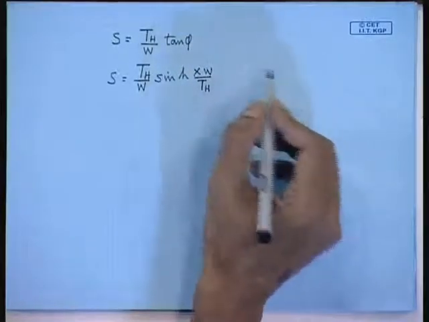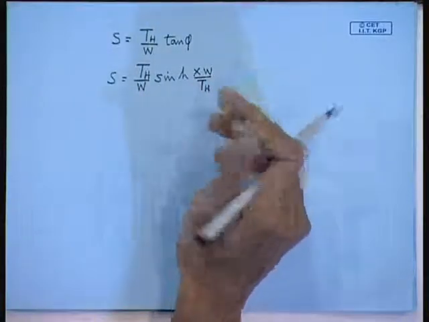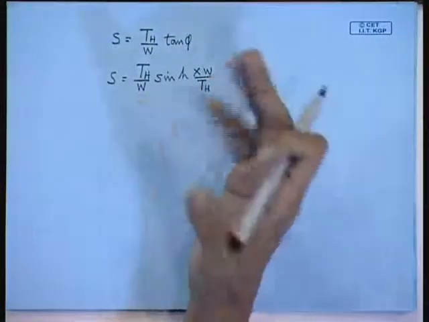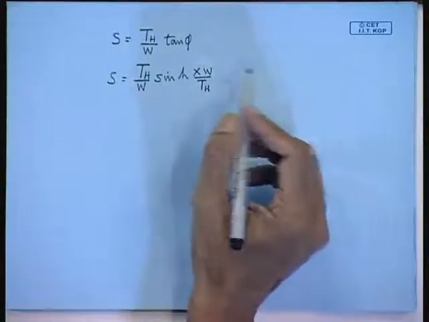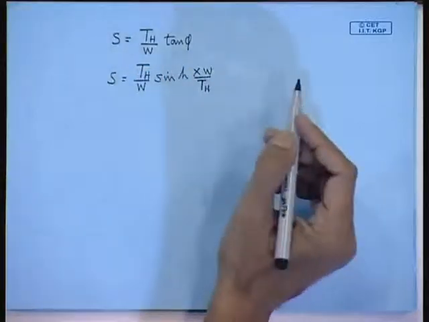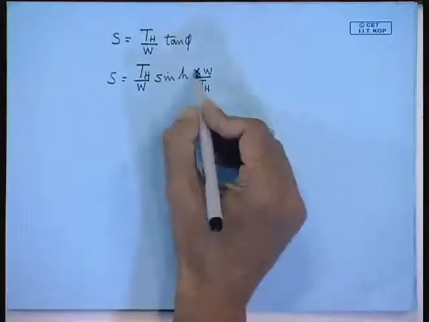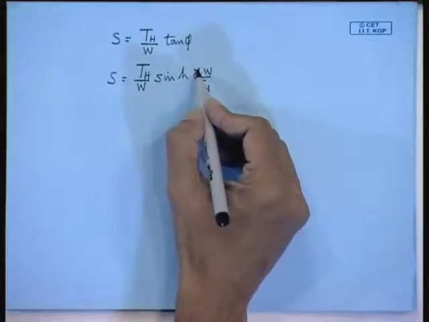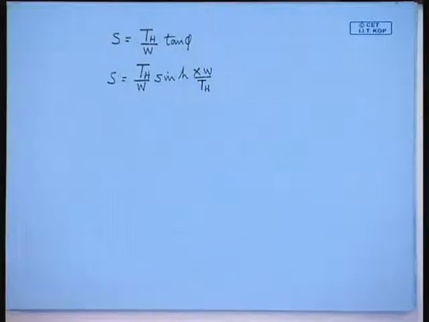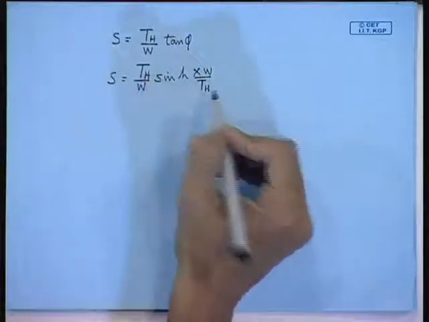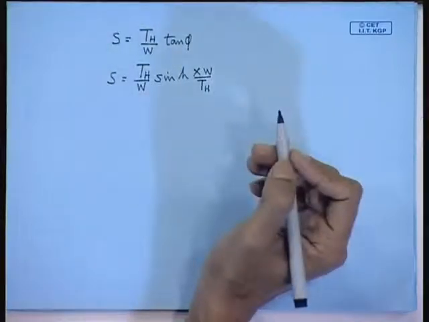But here you have to know, W is already known, so that you can weigh the chain cable per meter, that will give you the W, the weight of chain cable per meter in the immersed condition. But this x is the variable. Now TH, do we know TH or not? There is a horizontal tension.